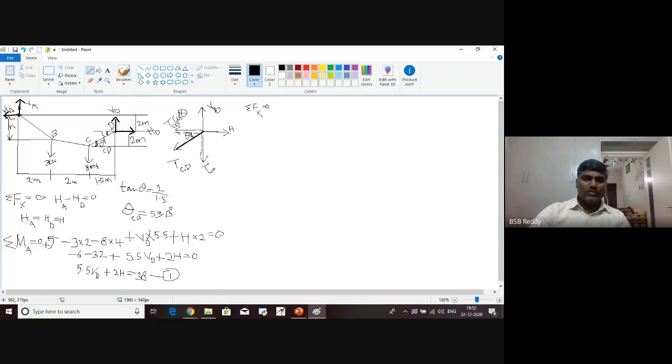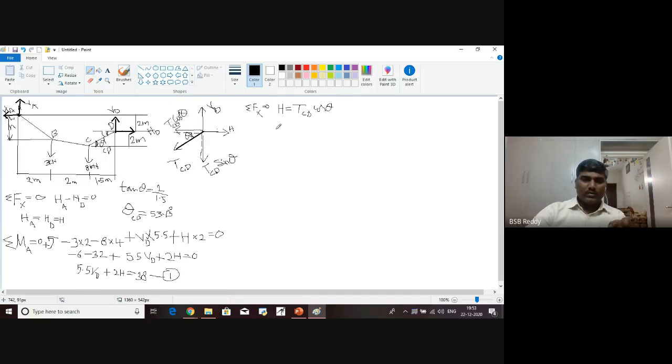This is the vertical component, TCD sin theta. Let us substitute for this equilibrium equation. Sigma Fx equals 0 means right hand side H is there, towards left hand side TCD cos theta. So H will be equal to TCD cos theta. Got it?